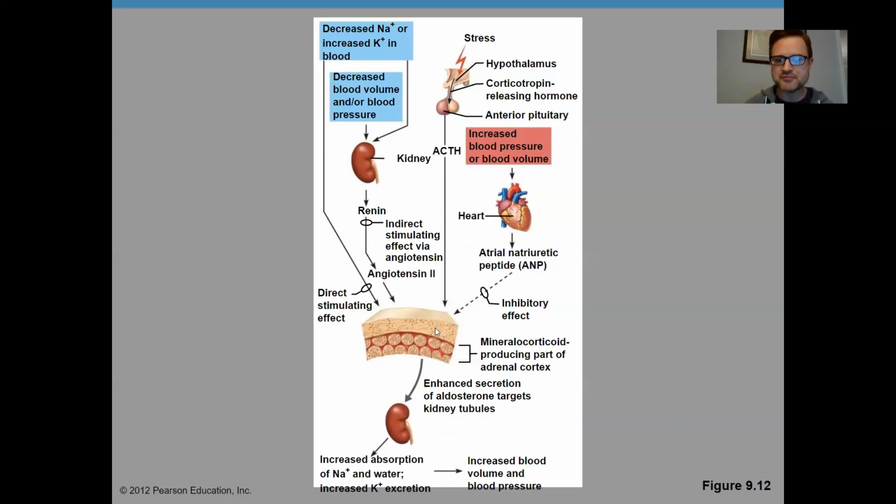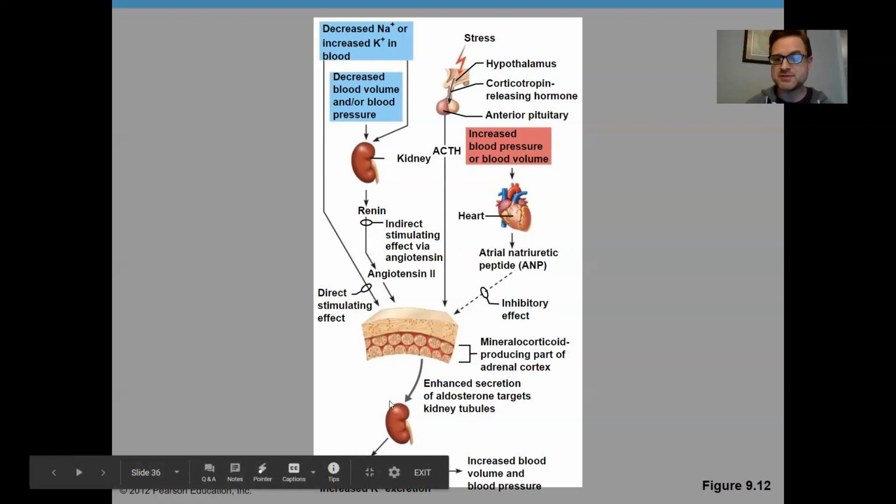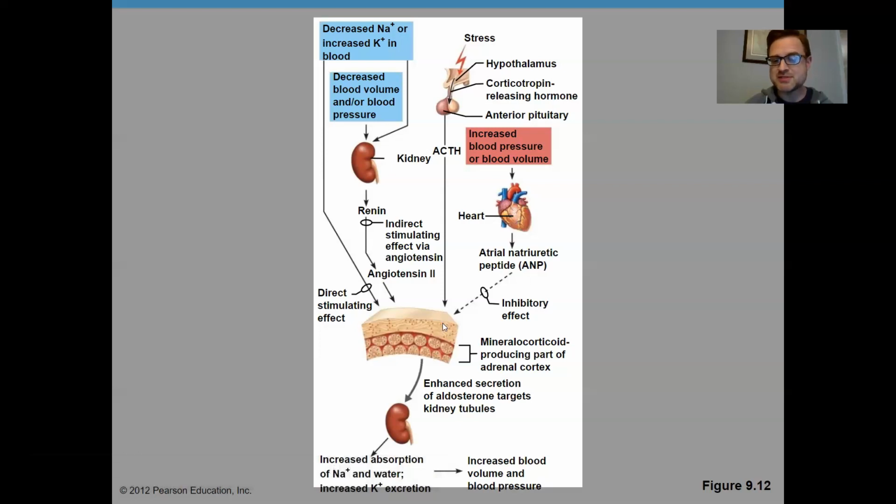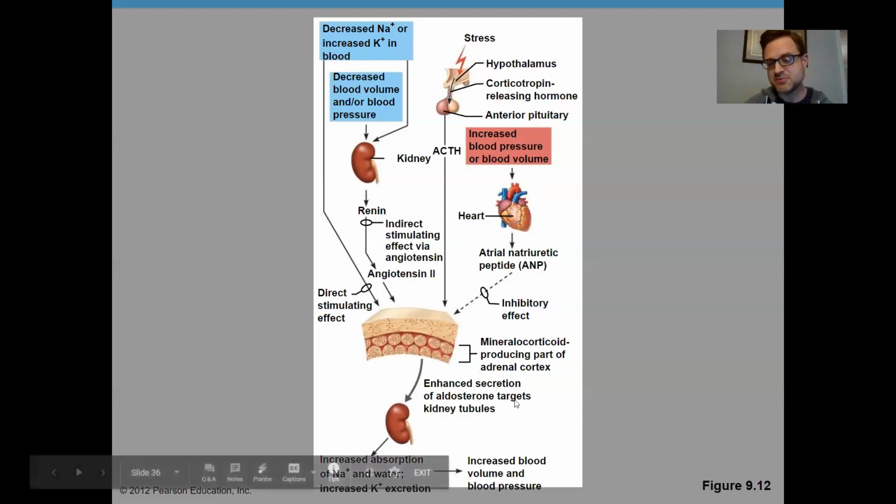That hormone can do the same thing with affecting your adrenal glands. It can stimulate the release of aldosterone or things like renin to do the same thing. Now, the counterbalance here is your heart can release ANP, which inhibits those hormones, which would decrease your blood volume, which would lower your blood pressure.